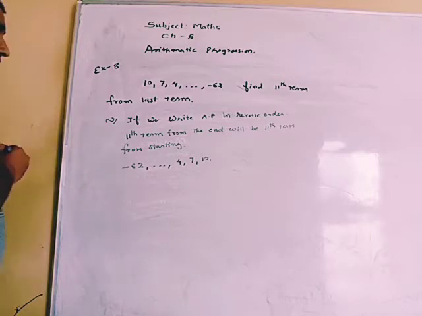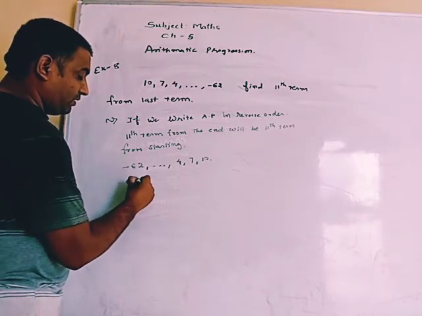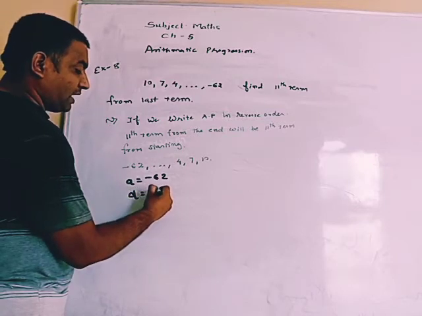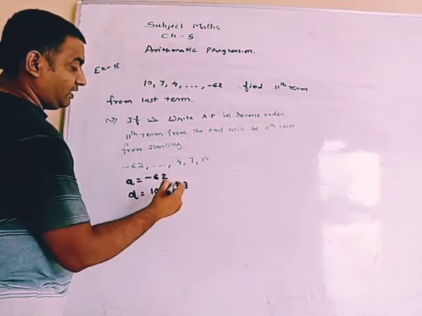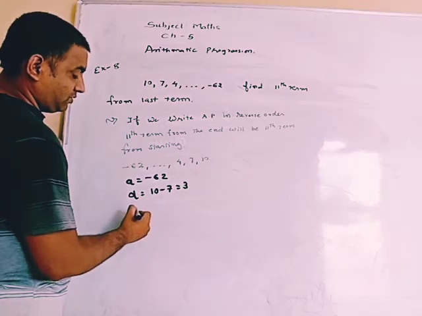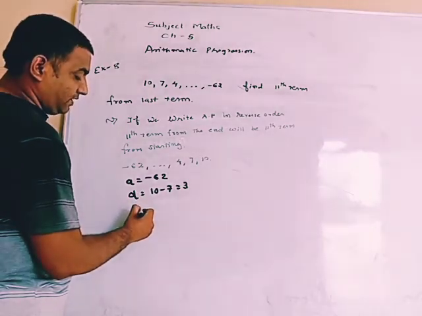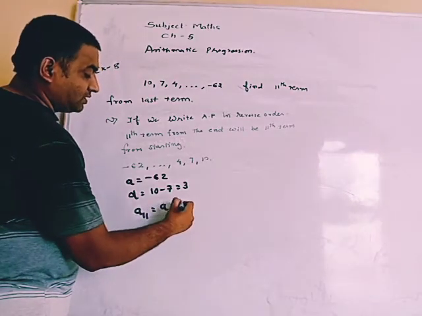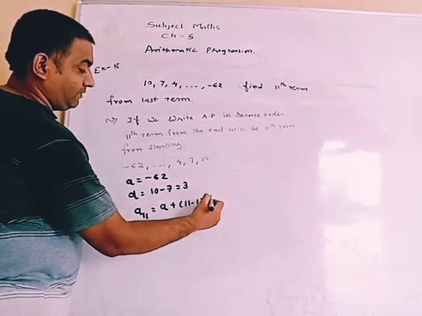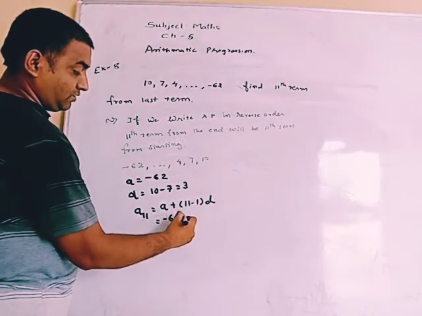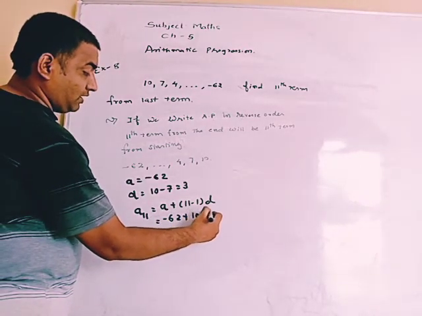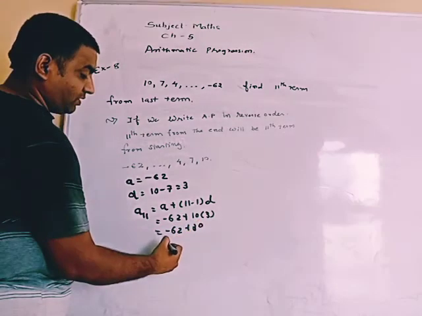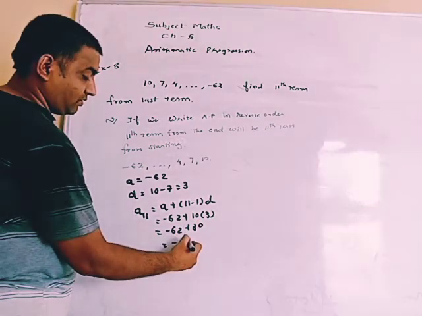Our first term is minus 62, and d is the difference between two terms, 10 minus 7, which is 3. Here we want to calculate the 11th term, so a11 equals a plus (11 minus 1)d, that is minus 62 plus 10 into 3, so minus 62 plus 30, which is minus 32.